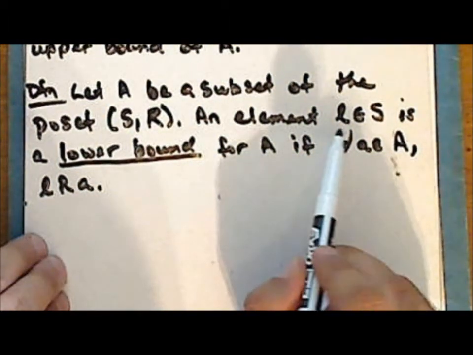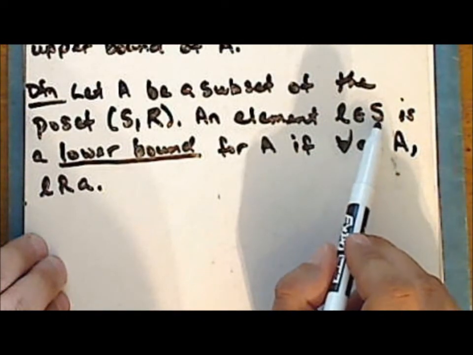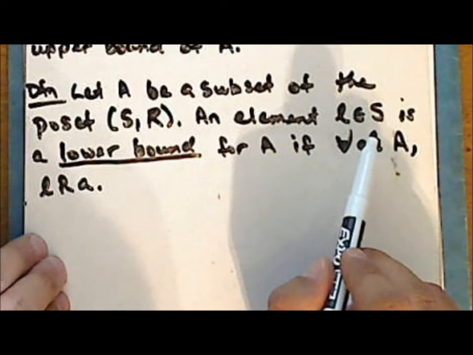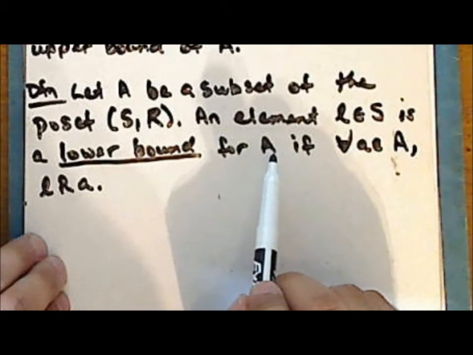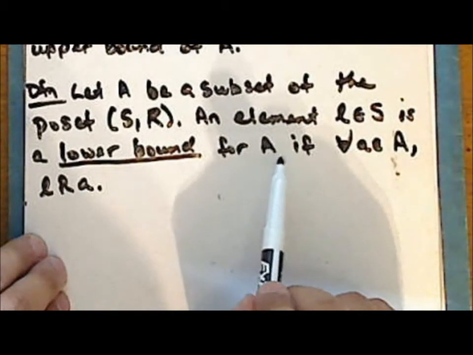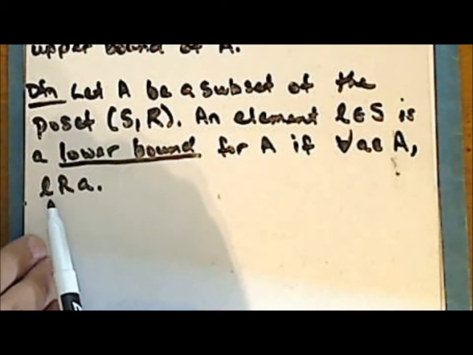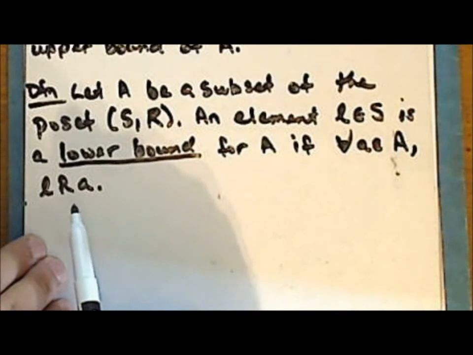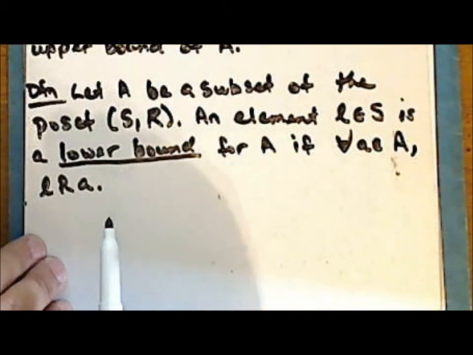So once again, the element L is in the underlying set in the poset and need not necessarily be in the set A. But if it is true that for every element in the set A, that element L is related to a, then that element L is a lower bound for the subset A.